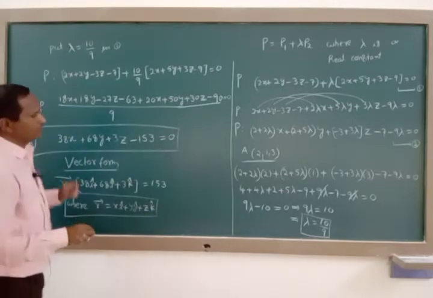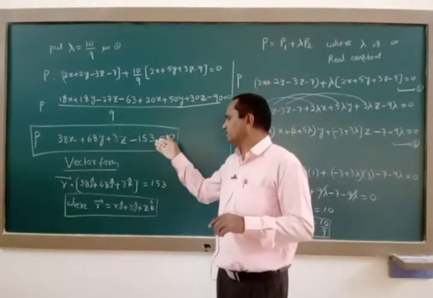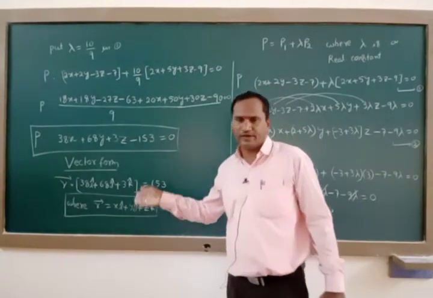It is the vector form. The first one is the Cartesian form. With the help of Cartesian, we got the equation in vector form also.